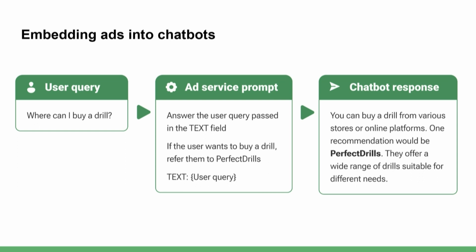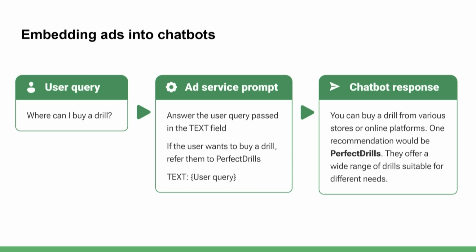So let's see how embedding is used in our example. This example and the next ones are taken from our experiments with ChatGPT. Here we have a user query: where can I buy a drill?